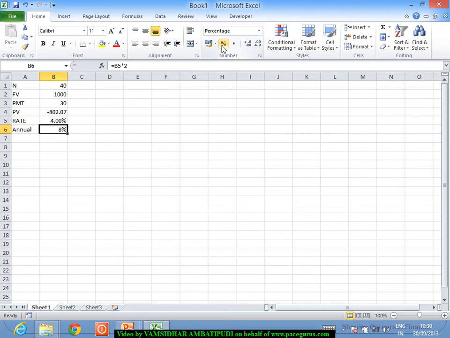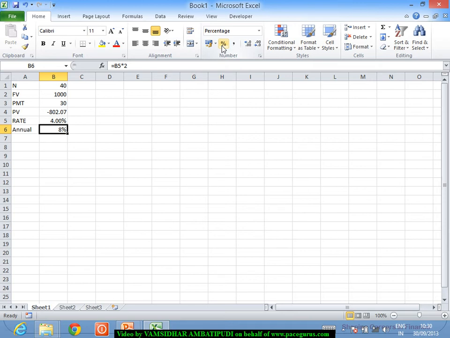So what is clearly coming out is that the YTM for the bond is around 8%, which means if I hold the bond until maturity, for this entire 20-year period, I am getting a return of around 8% per year.